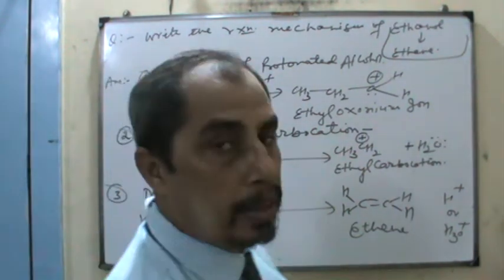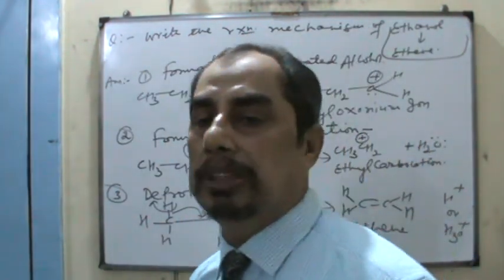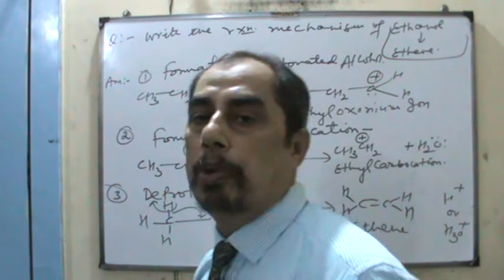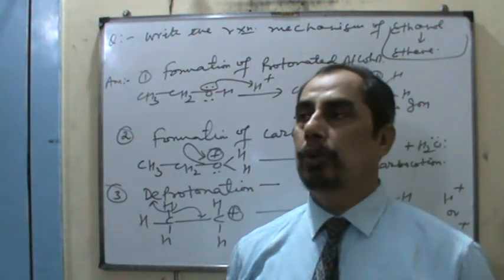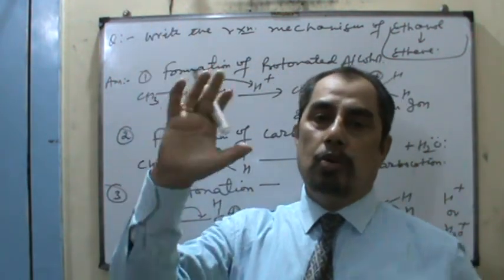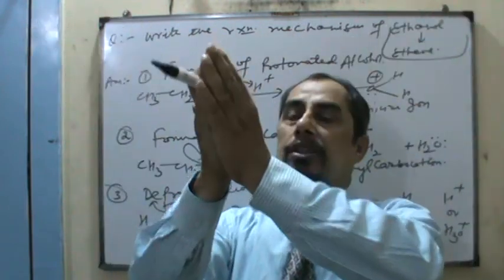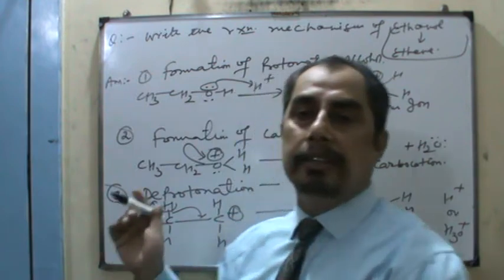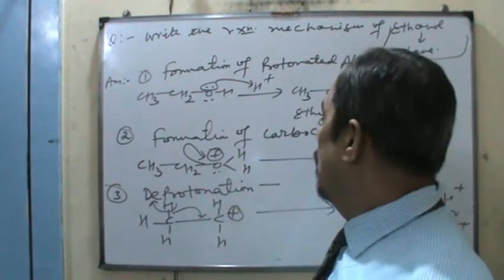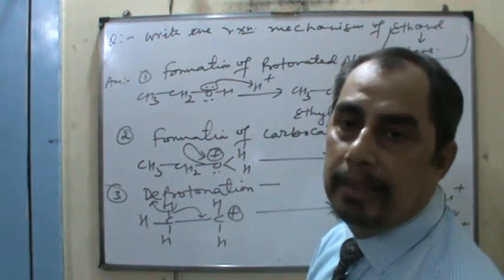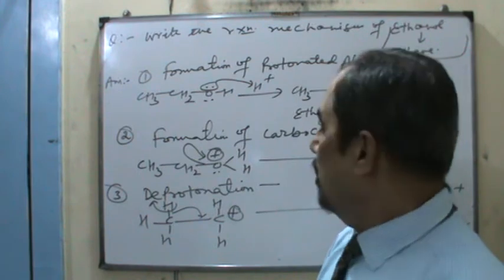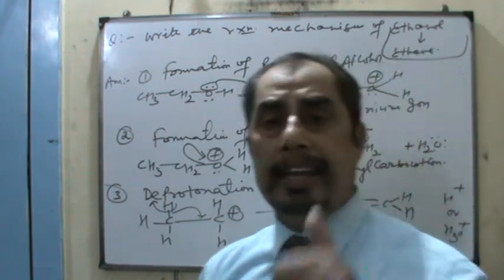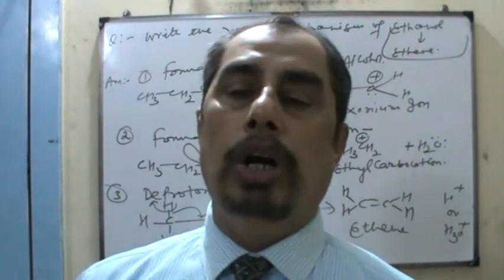First of all, you take ethanol to ethene, formation of protonated alcohol. So once we provide the proton, alcohol is a base, nucleophile, they will react to form conjugate form, ethyl oxonium ion. Then we take formation of carbocation, and the mechanism is finally deprotonation or elimination of the proton or loss of the proton.